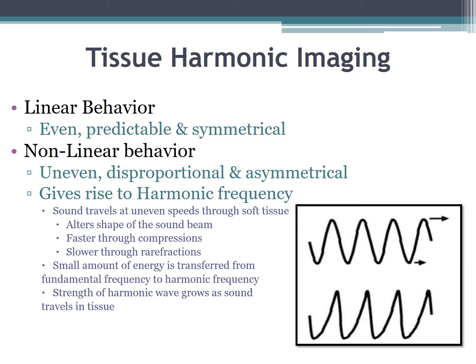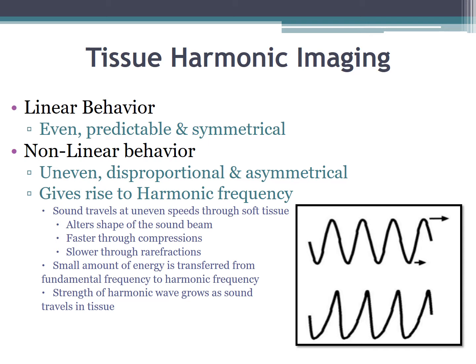Nonlinear behavior is what actually causes tissue harmonic imaging to happen. It's going to be an uneven, disproportional, and asymmetrical type of waveform. And this is what gives rise to harmonic frequency. So remember, nonlinear behavior equals harmonic frequency. What ends up happening is the sound beam travels into the body, and it starts to travel at uneven speeds through the soft tissue.